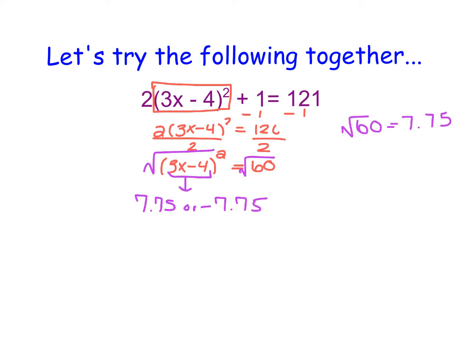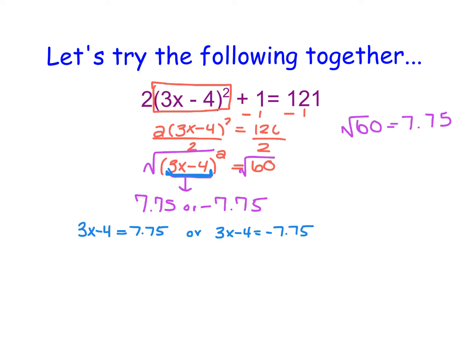So what I do with my inside piece here of 3x minus 4, I say, well, 3x minus 4, if it is squared, and I want it to equal 60, will either equal 7.75, because that when squared gives me 60, or 3x minus 4 will equal a negative 7.75, because that when squared will give me 60.